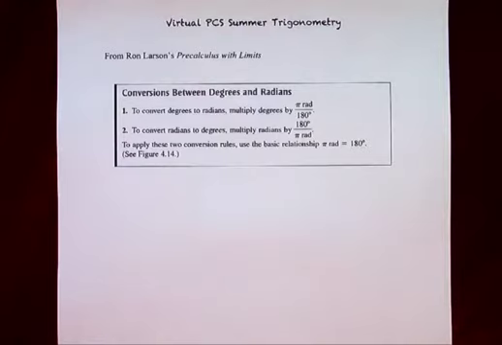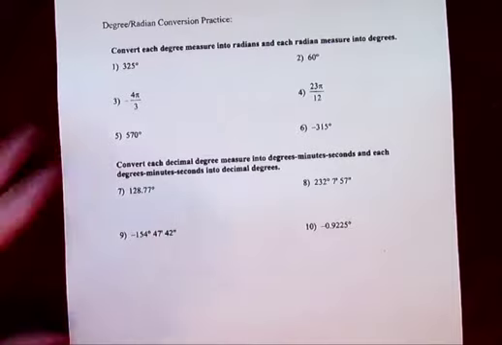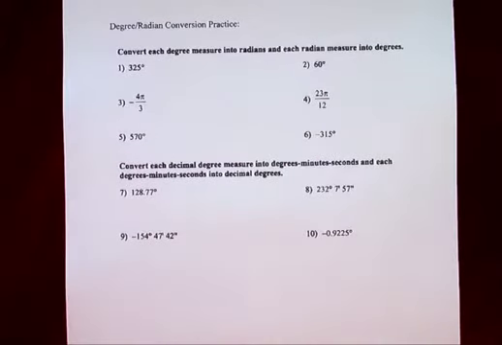I stole a couple of example problems, and we'll use these as a way of running through a couple of examples before we move on to talking about arc length and angular velocity and linear velocity and all sorts of fun stuff like that. Those pre-trigonometry word problems help us get our mind around what we're doing when we're dealing with these measurements that we then turn around and apply trigonometry to.